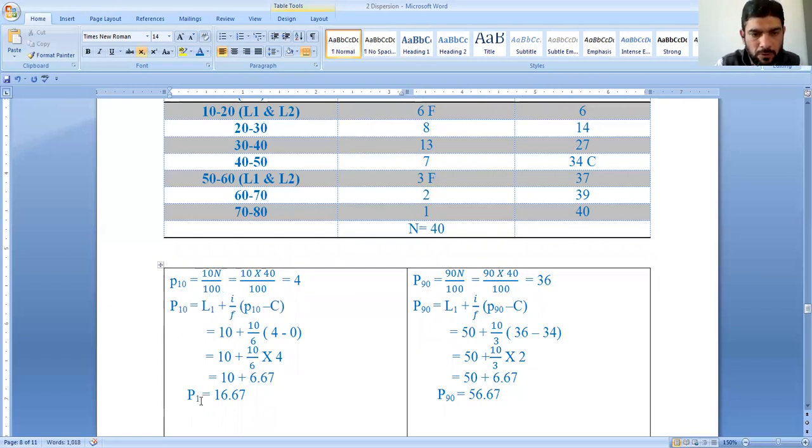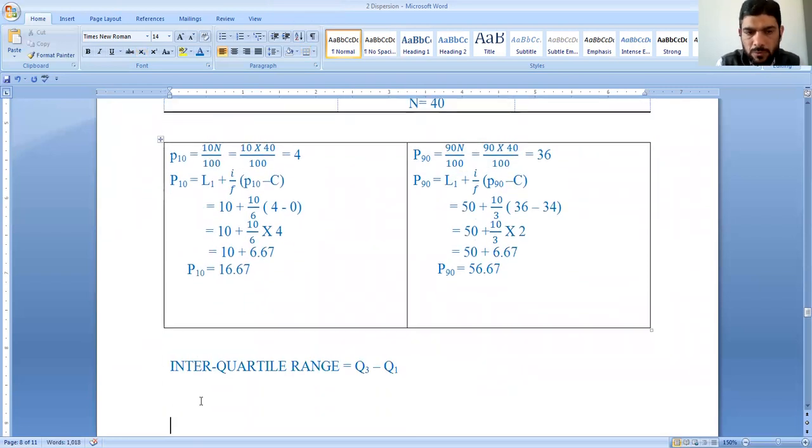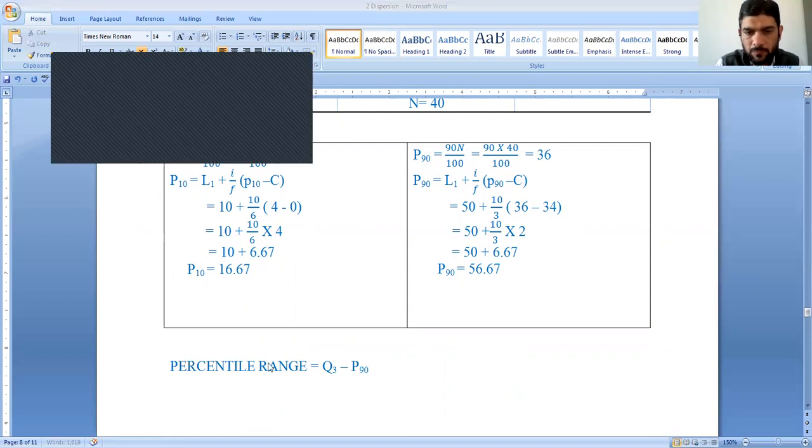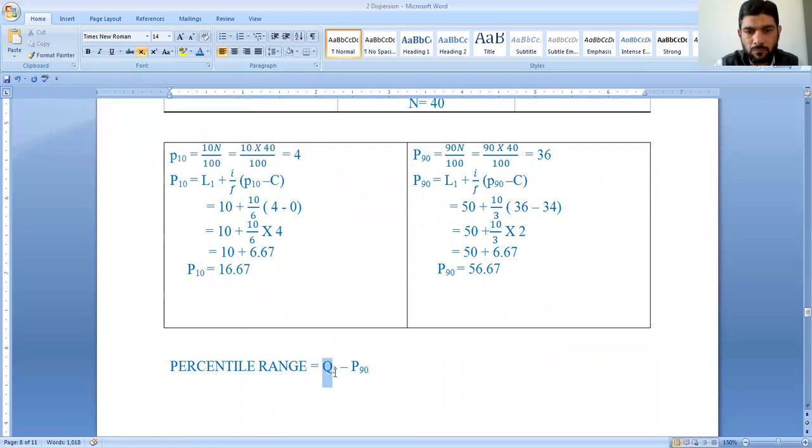We have to find out now the percentile range, and the formula for percentile range is P90 minus P10.